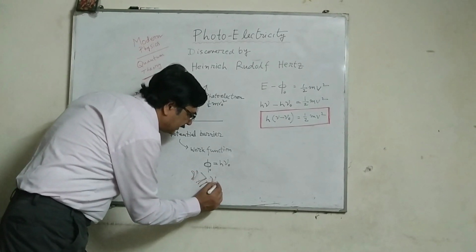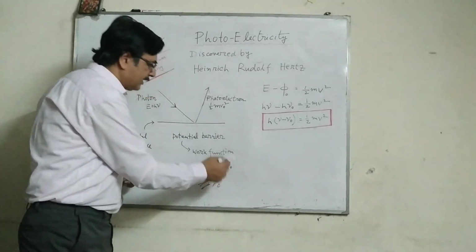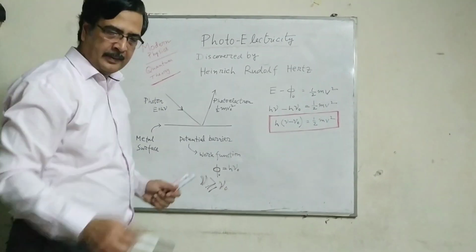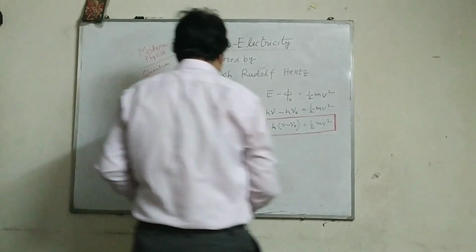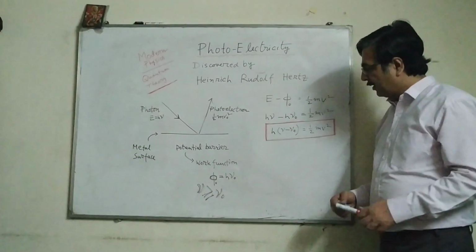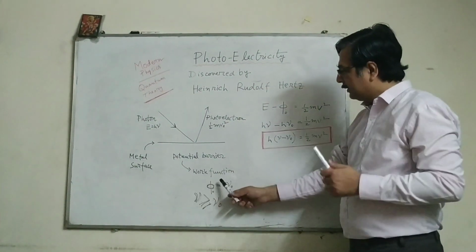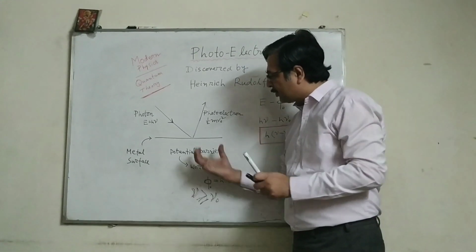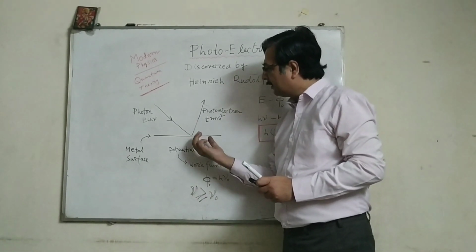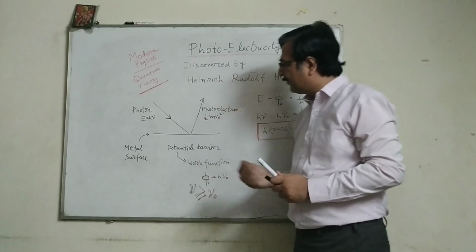This is the condition. Then only photoelectricity is possible. So this amount of energy will be absorbed here, and then the electron will escape the metal surface.